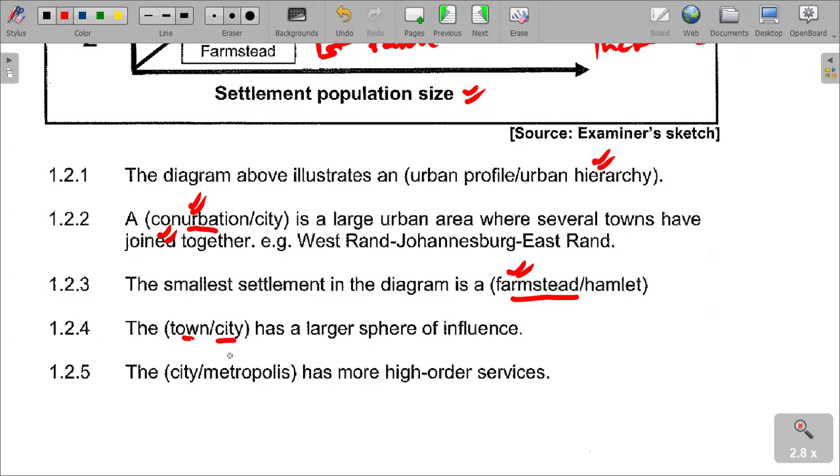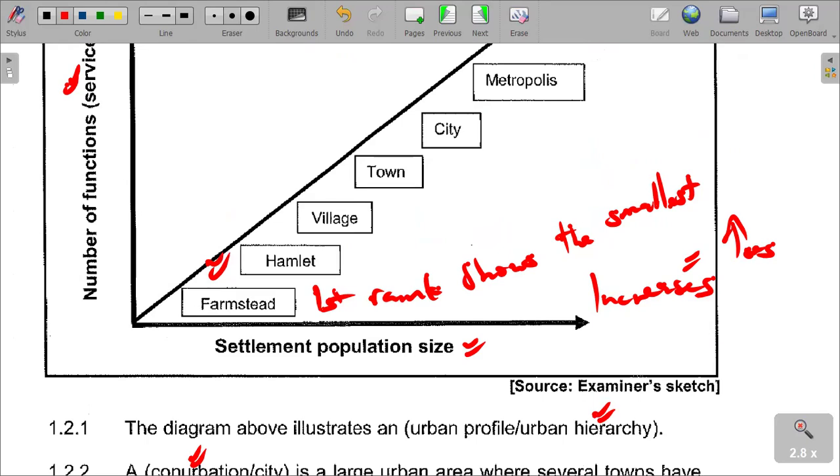Which is larger in terms of the town and the city? The city is bigger than a town, if you look at this urban hierarchy. A town is smaller than a city.